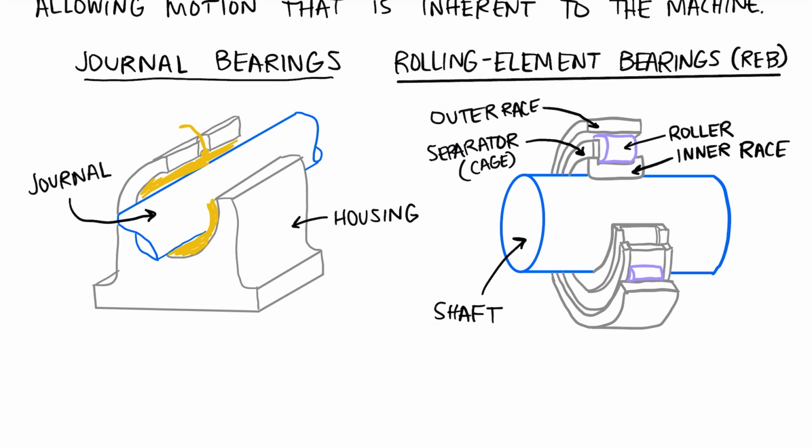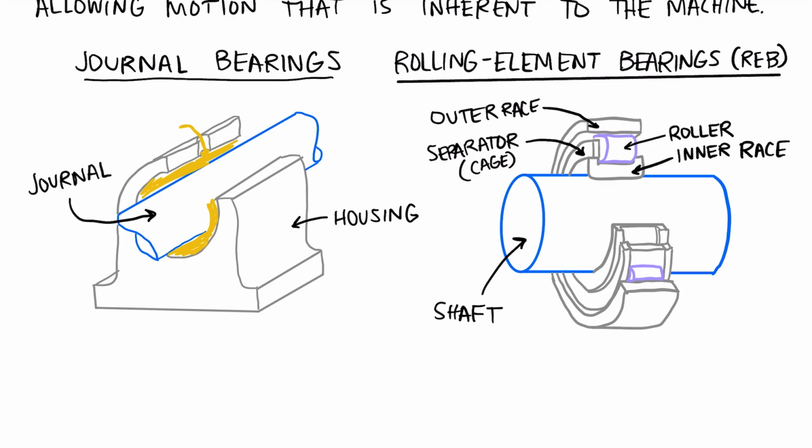Whatever you call it, it is the part that keeps the rollers separate so that they're not bumping up against each other. It also helps to keep the loading evenly distributed around the bearing and reduces frictional heat. It is a very important component.